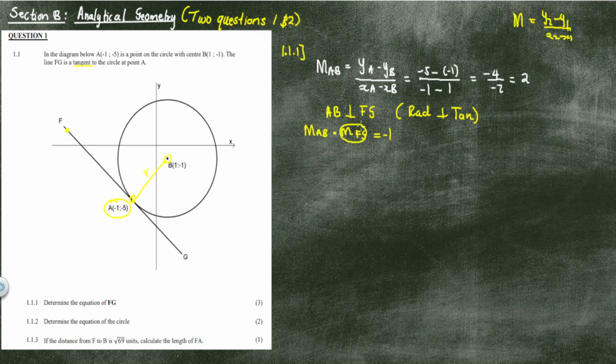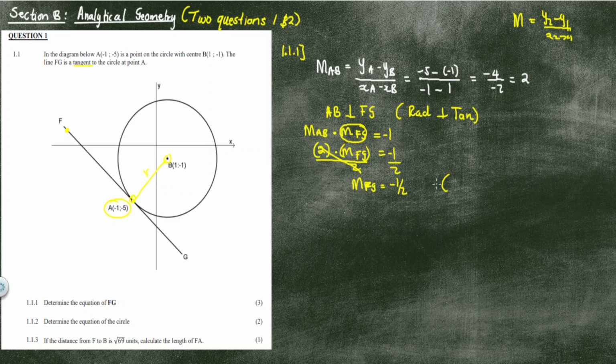I want the gradient of FG so that I can find the equation for the line FG. You substitute the gradient of AB, which is 2, so 2 times mFG is equal to minus 1. Then we divide both sides by 2, cancel here. Then I'm left with mFG, which is equal to minus a half. Now I have the gradient of line FG.